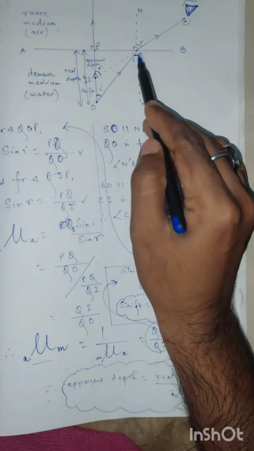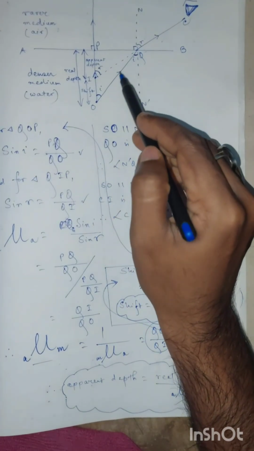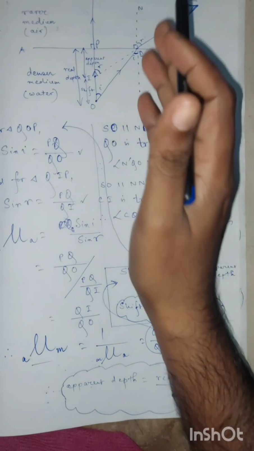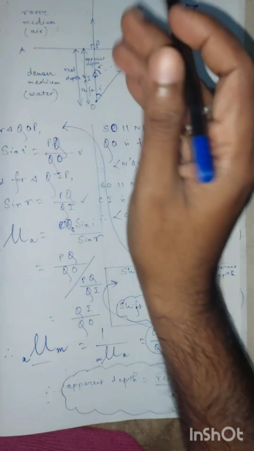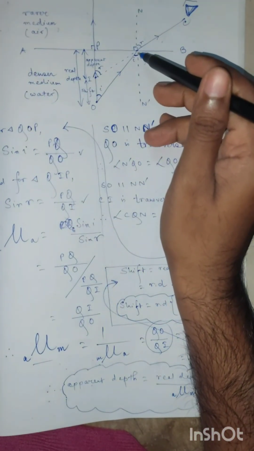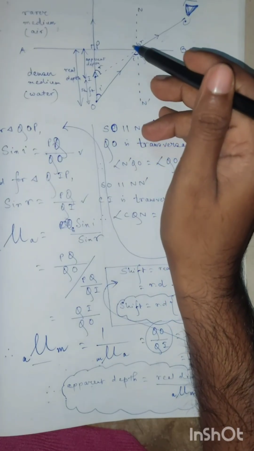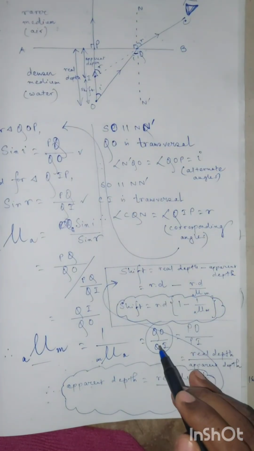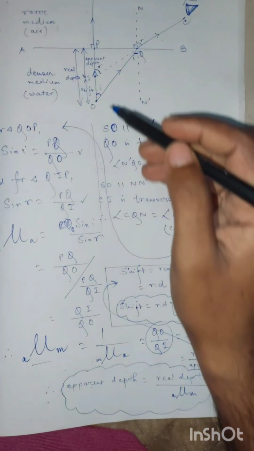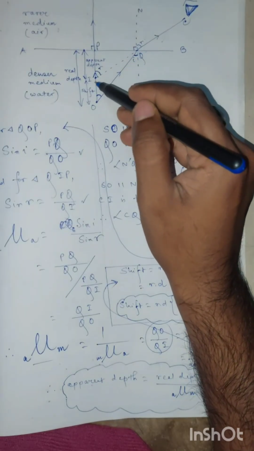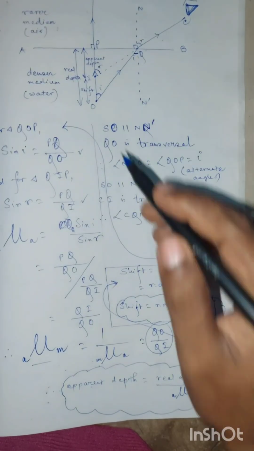That is why this distance QO, when it comes very close to this point, QO becomes approximately equal to PO. So in place of QO, we can write PO. Similarly, in place of QI, we can write PI.